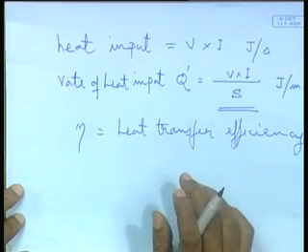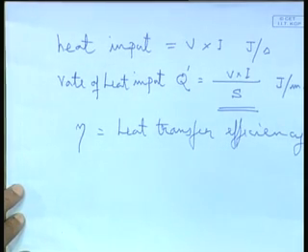That means V into I is the total energy, right. V I divided by S is the total energy per unit length, but is that the total energy going? No, it is again factored by eta, because some of the energy is getting dissipated.